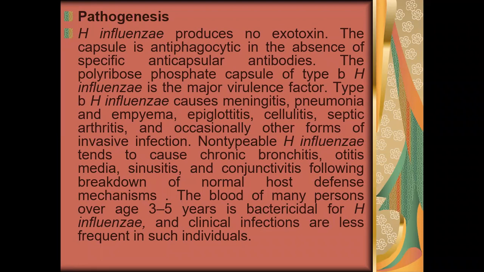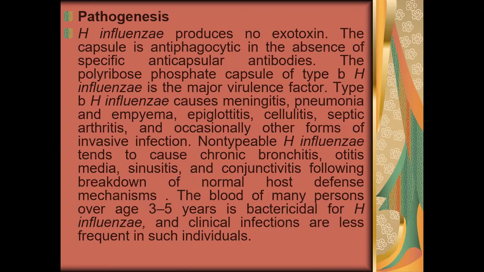Type B Haemophilus influenzae causes meningitis, pneumonia, empyema, epiglottitis, cellulitis, septic arthritis, and occasionally other forms of invasive infection. Non-typeable Haemophilus influenzae tends to cause chronic bronchitis, otitis media, sinusitis, and conjunctivitis, following the breakdown of normal host defense mechanisms.